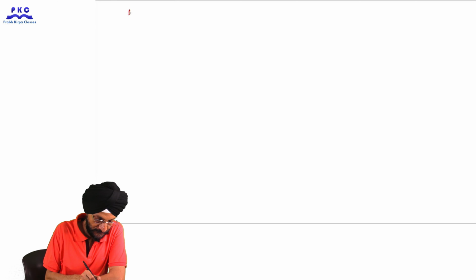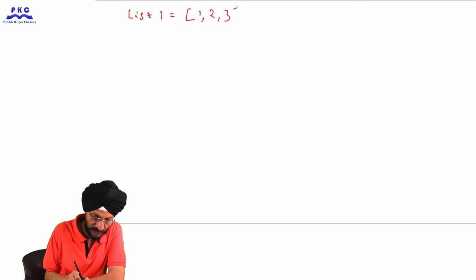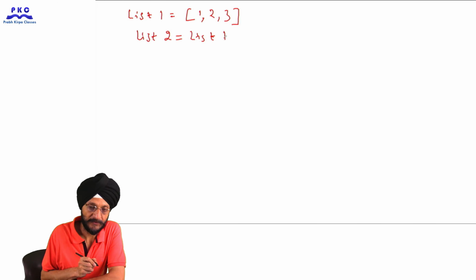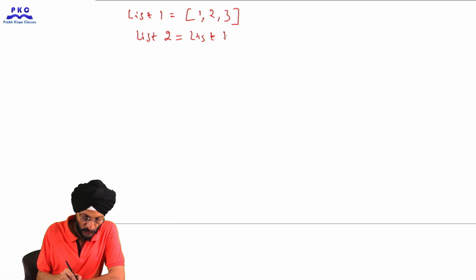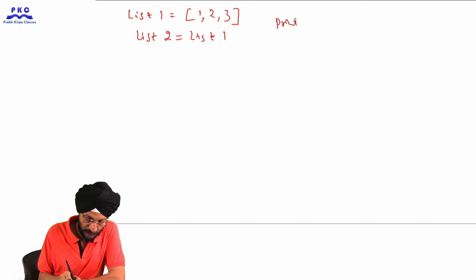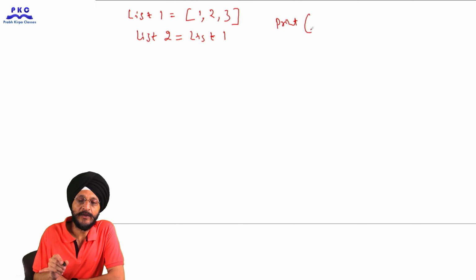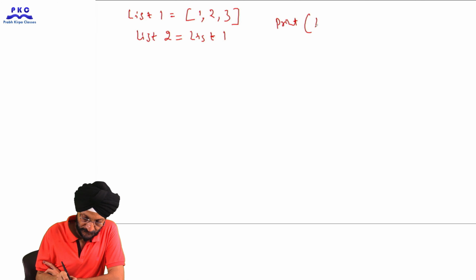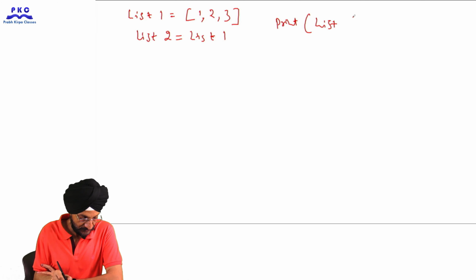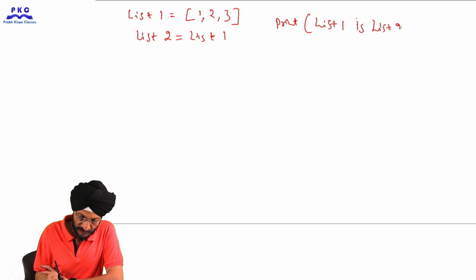We create a list, list 1, in which we store the information 1, 2, 3. We create another list, list 2, which is equal to list 1. Now we use the print function and we will use the is operator to find whether list 1 is list 2.